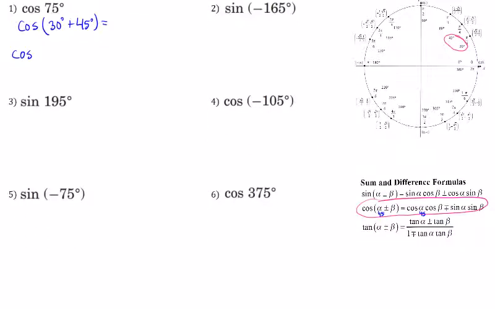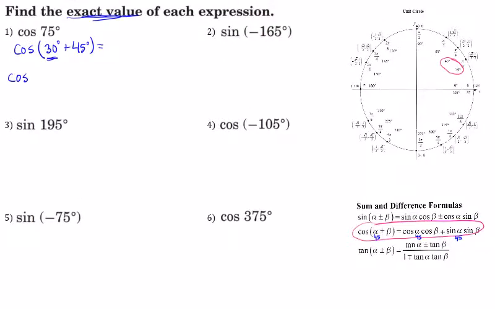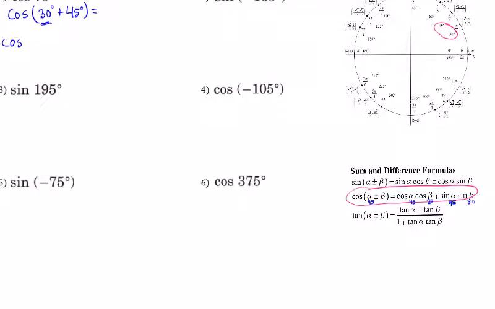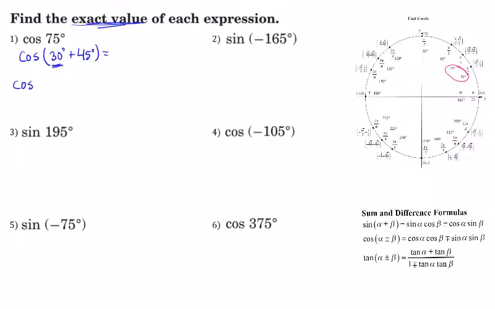Let me just move this a little bit. And then I'm going to put 30 here, and 30 here. I'm going to erase these so I can use them next time, but that's where everything's going to go.